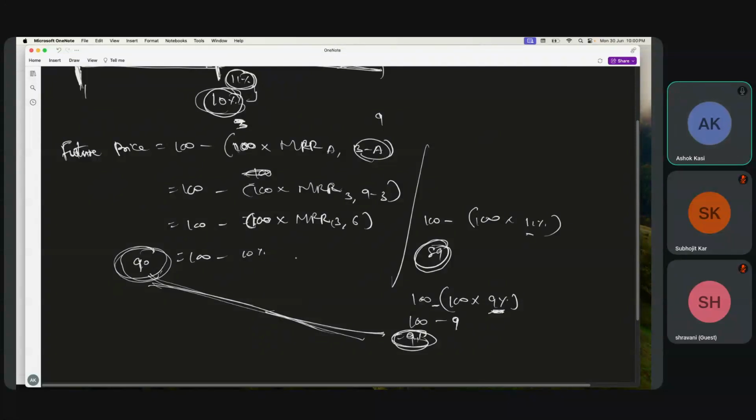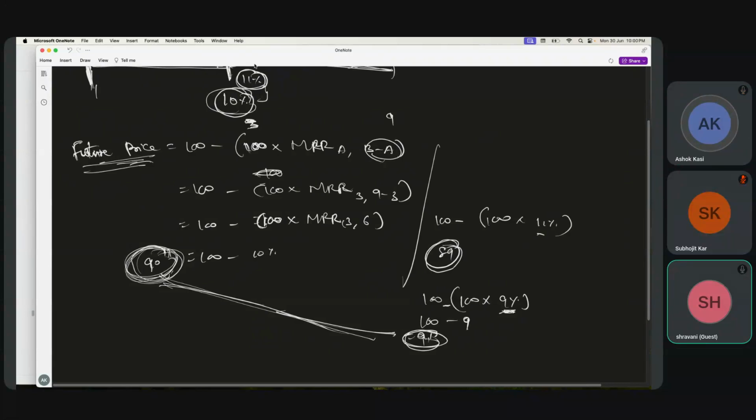Okay, so this is how it will happen. Have you understood future price? That means it is an exchange traded version of forward rate agreement only, wherein we are buying and selling based on this price, not based on rates, but that price is moving based on the rates only. Okay, this is future price.